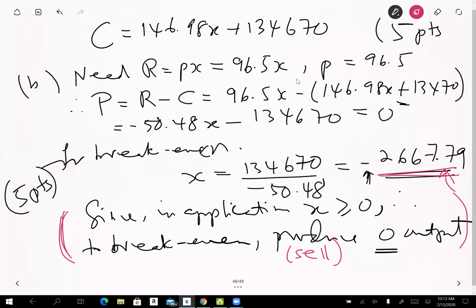So you need to describe that point or the value. Don't just stop there. You have to describe because it's application, meaning you have to know what the value is about. Any question? So question number 1, 10 points, 5 and 5.